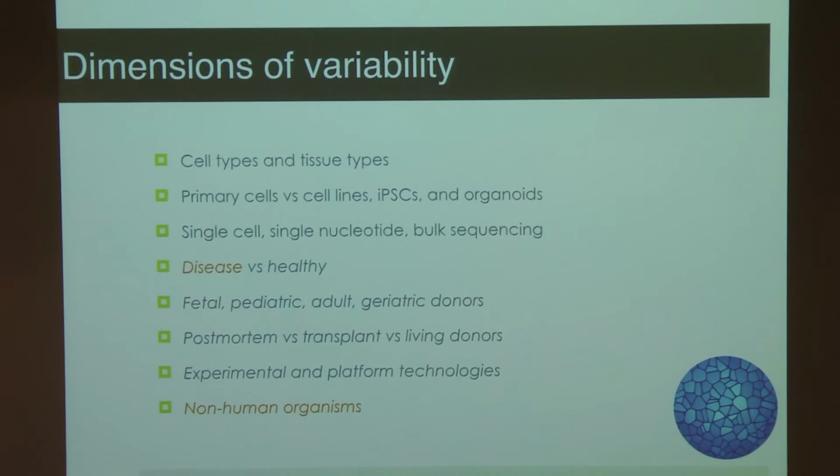Post-mortem, transplant, and living donors. Experimental and platform technologies: this is obviously an incredibly crucial one, and I think we need to really consider the different goals and observations that we can get from each of the technologies that we have right now and the ones we're going to see in the future. Also non-human organisms, which we're going to talk about, it sounds like, in November.